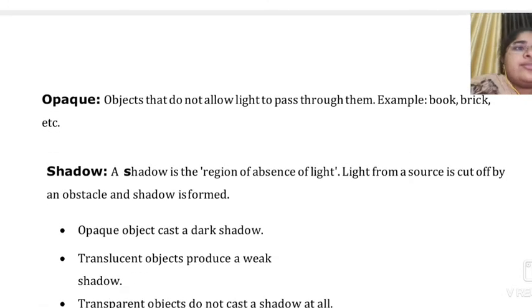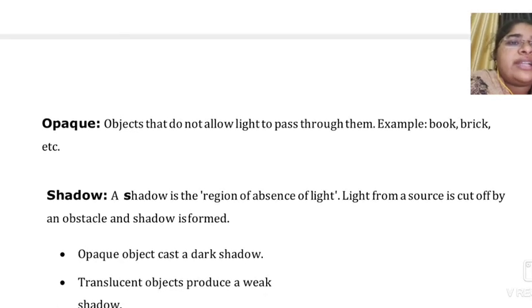Now the next object is the opaque object. So student, transparent and translucent, and the opaque object is the opposite of both of those substances. An object that does not allow light to pass through it is called an opaque object. For example, we can see that a book, bricks or many other objects through which we cannot see anything.